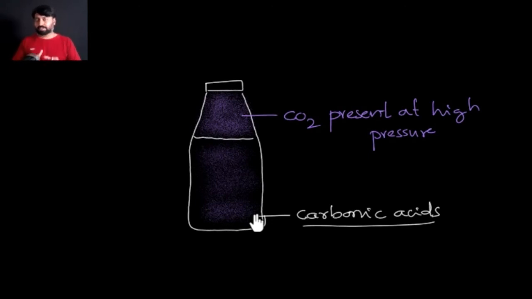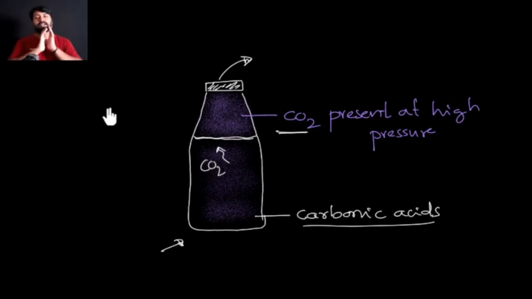If you dissolve the carbon dioxide at high pressure, it dissolves immediately, and therefore when you open the cap, the gas is suddenly released, because the carbon dioxide present above the liquid surface is at a higher pressure. Even when you shake the bottle, carbon dioxide bubbles are created and escape from the solution. So this is all about applications of Henry's law.